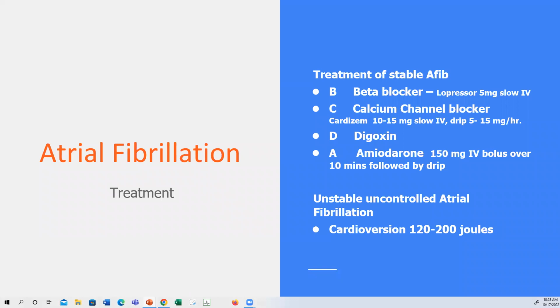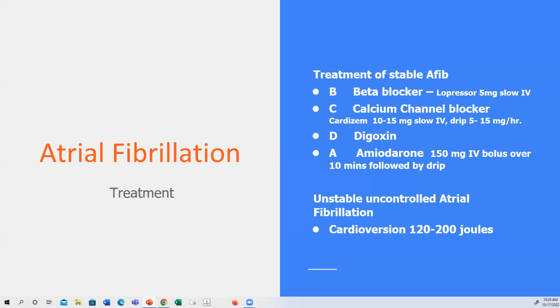So whenever we have atrial fibrillation, obviously we're going to treat them pharmacologically. And the treatment for atrial fibrillation includes the BCDA drugs. B stands for beta blockers. An example of that would be anything that is going to be... I just had a mental fog.